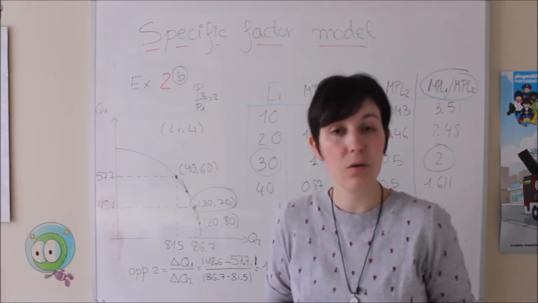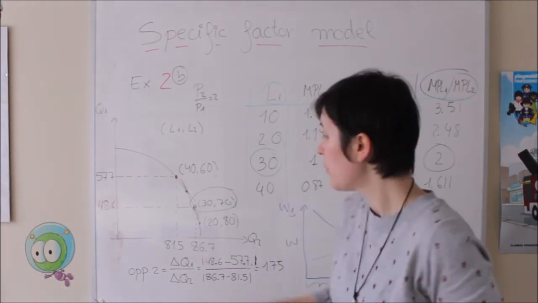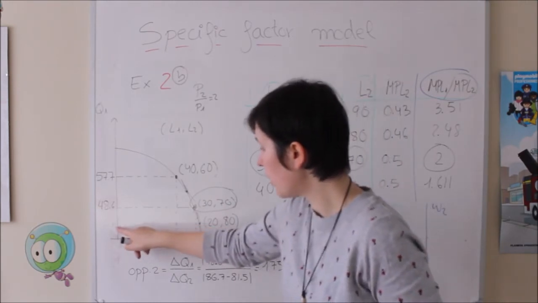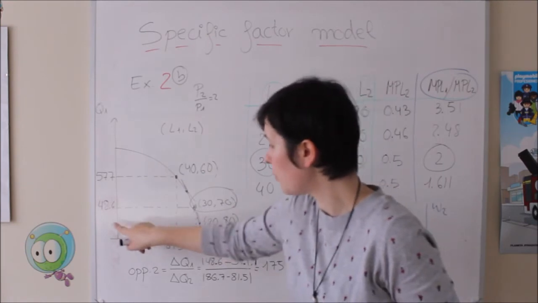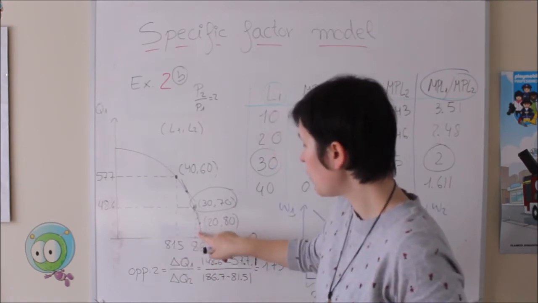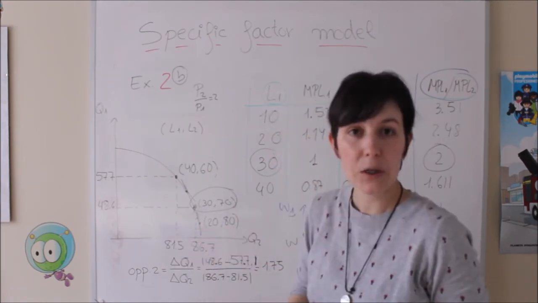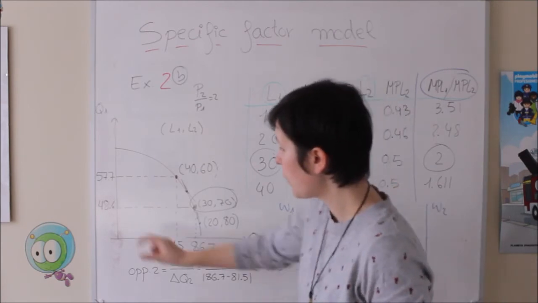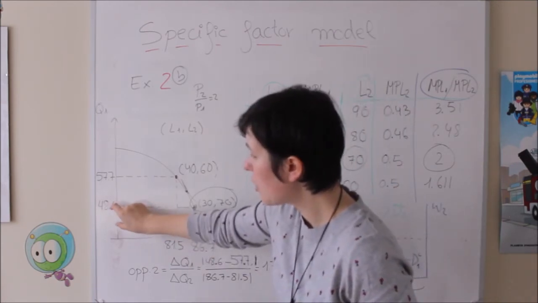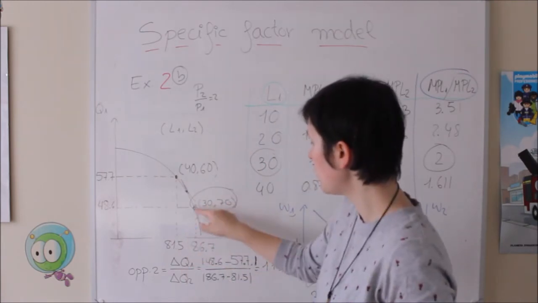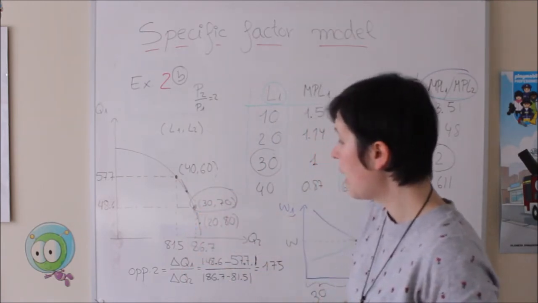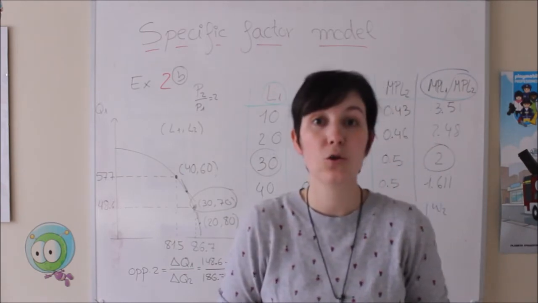You get the output for good 1 when the labor in that industry is 20, then the output of good 2 when the labor is 80, and then you compute how this output and this output change with respect to this point. And then you're going to get that 2.2.